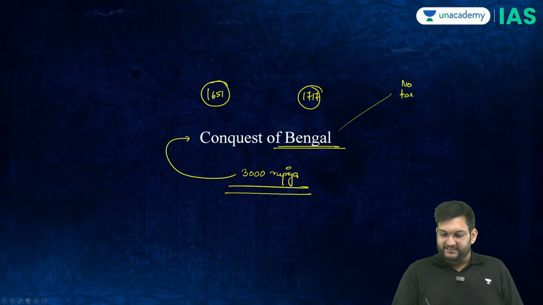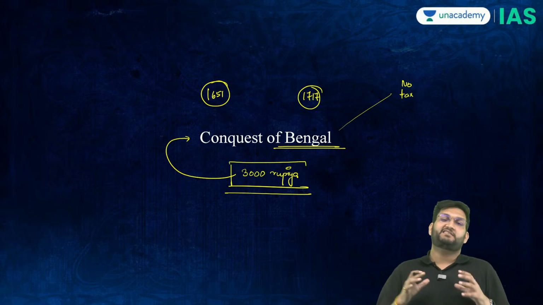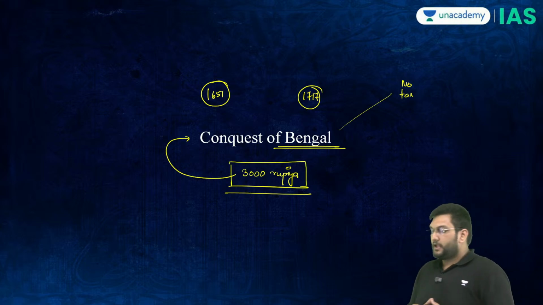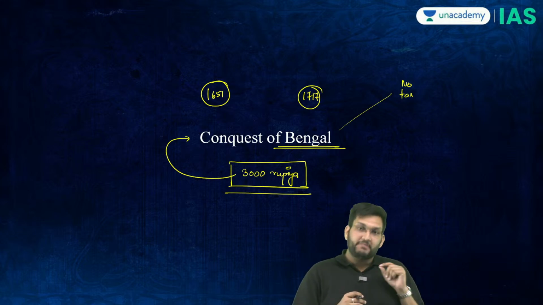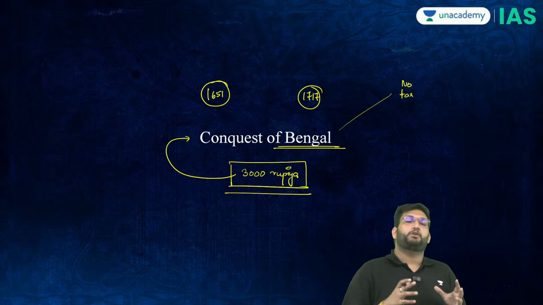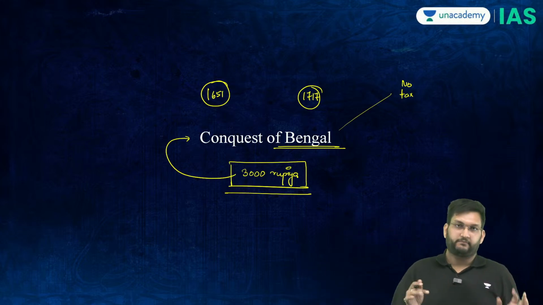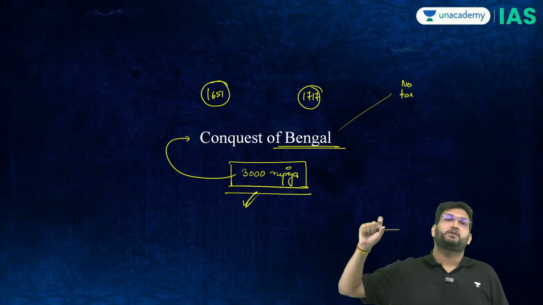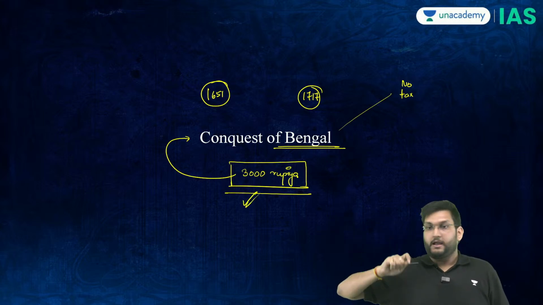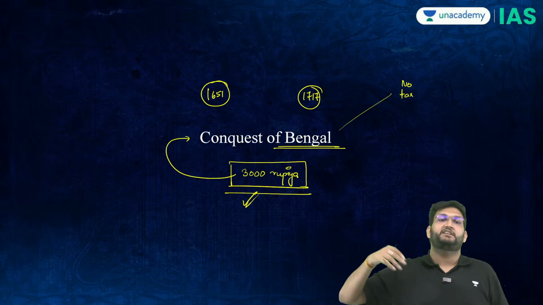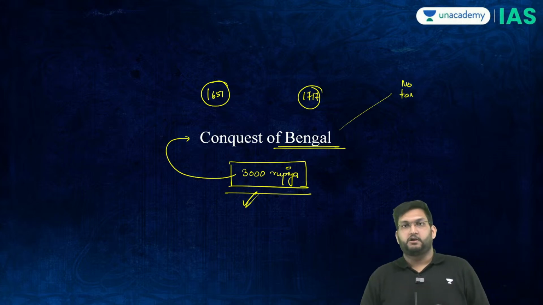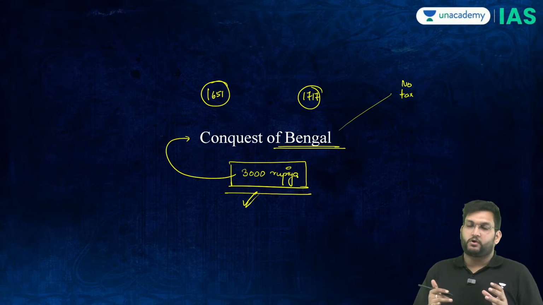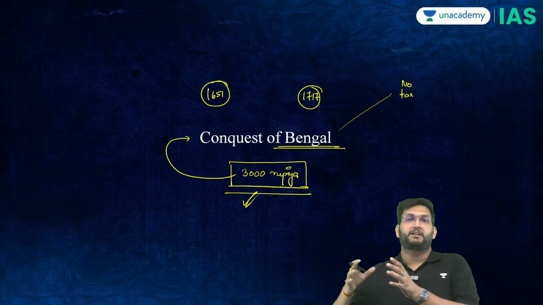And what the British did was, since 1717, they were misusing the Bengal Farman, or what is called the Farrukhsiyar Farman. Because 3,000 rupees was fixed according to a certain volume, but that volume they exceeded 10 to 12 times. So there was a loss to the Bengal Nawabs.